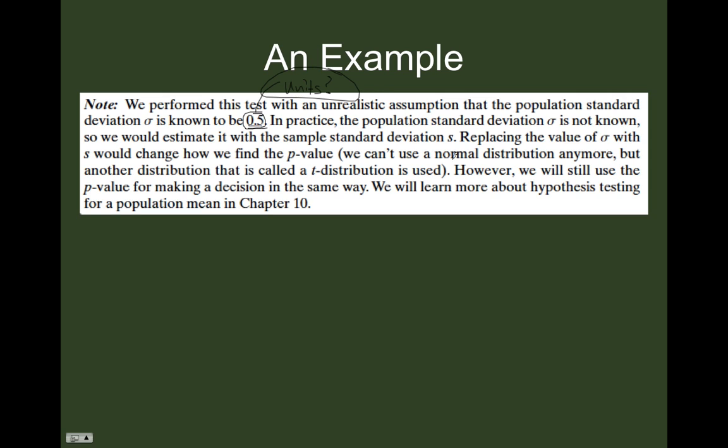Specifically, we can't use a normal distribution anymore, but another distribution called the t-distribution is used. We will still use the p-value for making the decision in the same way. That's what makes the p-value so universal. Every hypothesis test culminates in this p-value, and the way we interpret it is always the same. We compare the p-value to the specified alpha in the problem.